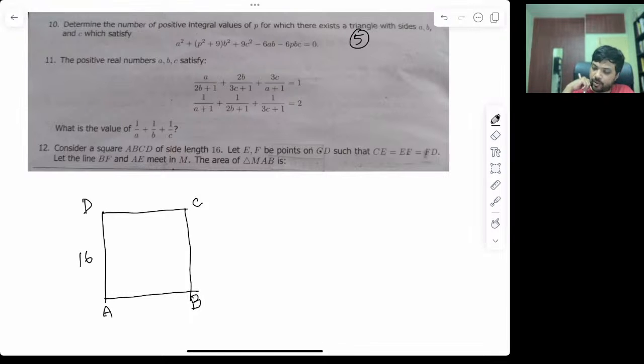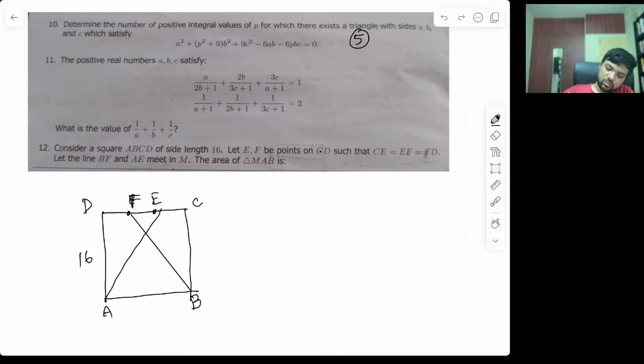Let E and F be points on CD so that CE is equal to EF is equal to FD. Okay, let the line BF and AE meet at M. Okay, it's becoming more and more like a problem we solved recently.